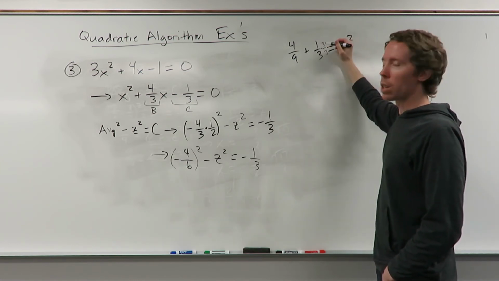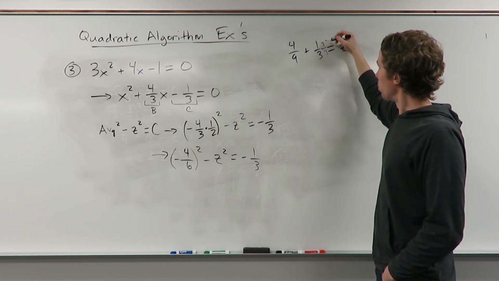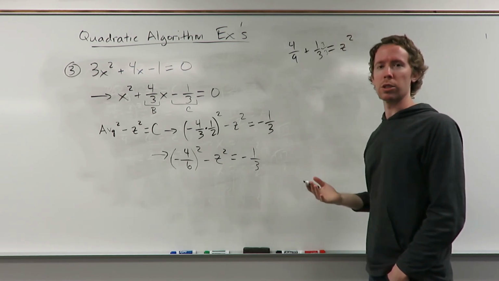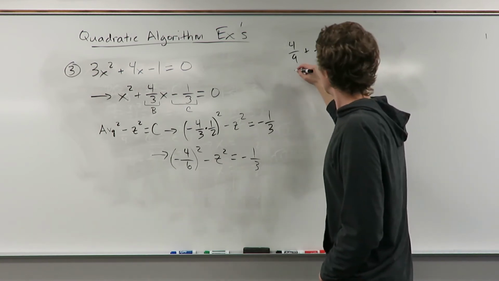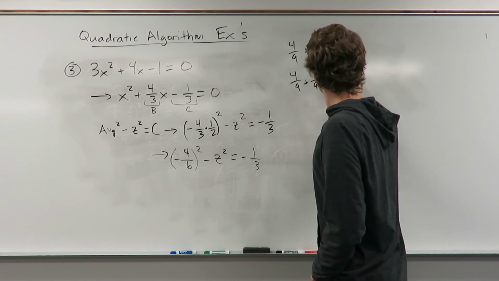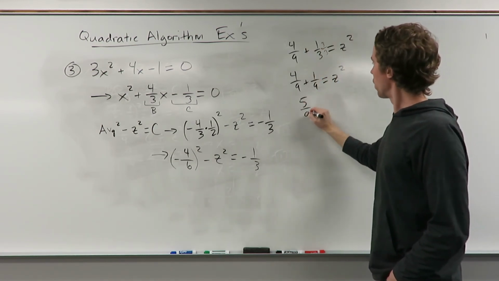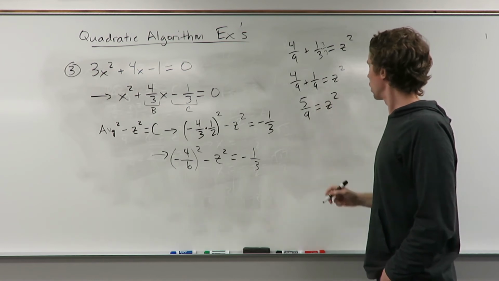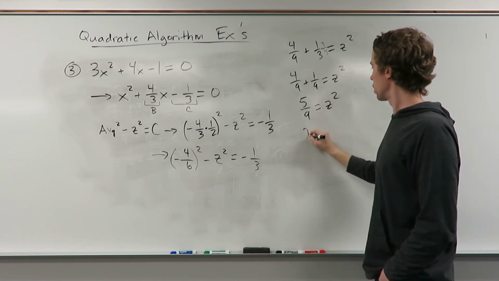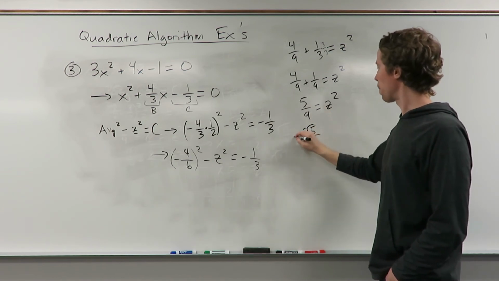The reason I need to do the top also by 3 is because then I'm really just multiplying by 1, so it doesn't change the value of the fraction. So now I can add those two together. I get 5/9 equals Z squared. Take the square root of both sides. Get square root of 5 on top, 3 on bottom.